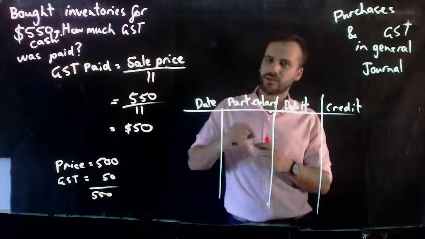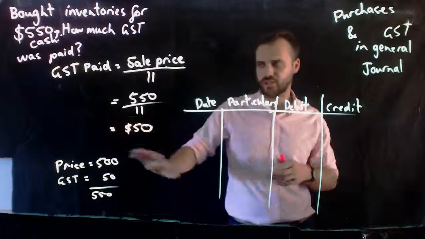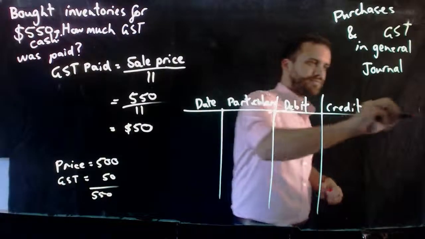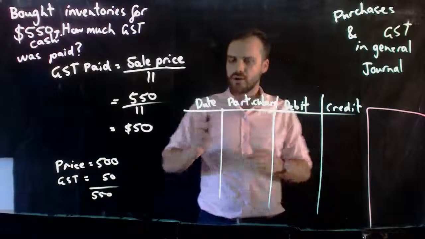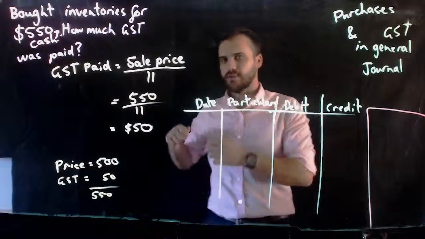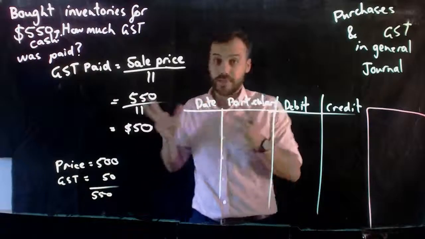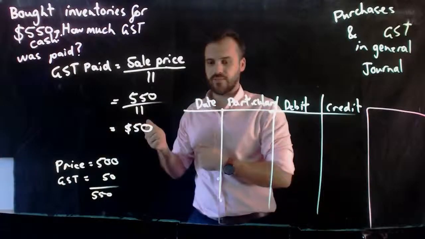Okay, so let's look at the three accounts that are being used in a transaction like this. Three accounts. You went to somebody and you pulled some money out of your pocket or out of the business's pocket and you gave it to them, and in return they gave you inventories.